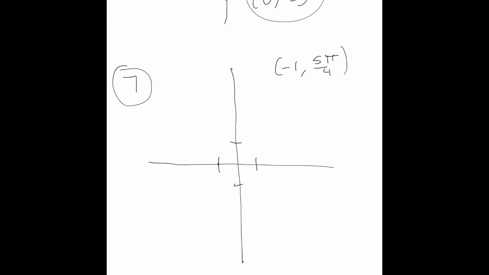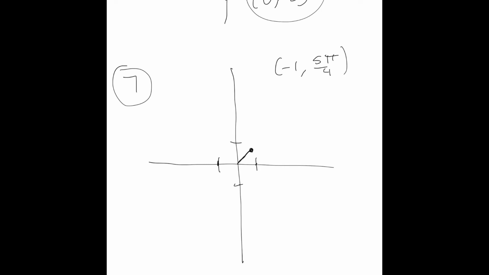So we start here, and we go 1/4, 2/4, 3/4, 4/4, 5/4. So we're here. Now they want you to give the rectangular coordinates of this. And so let's do this right here.